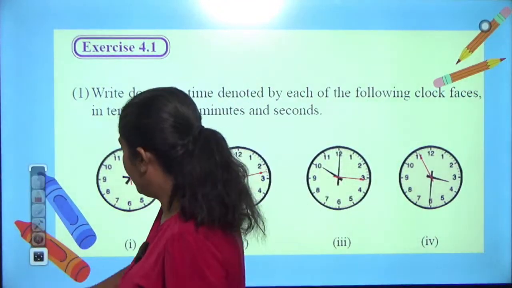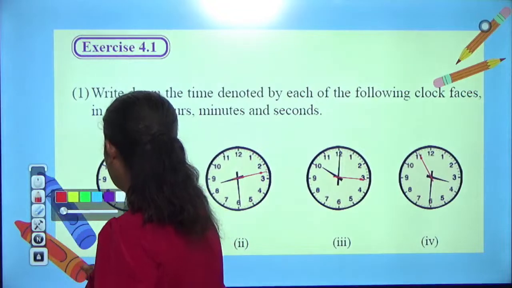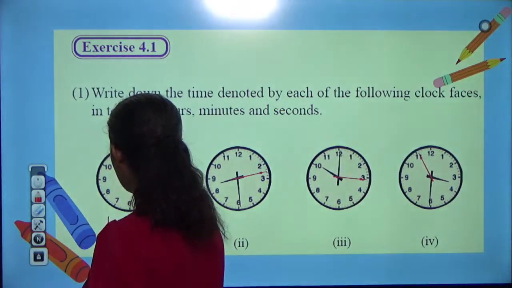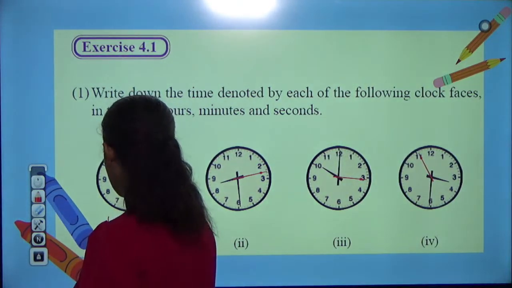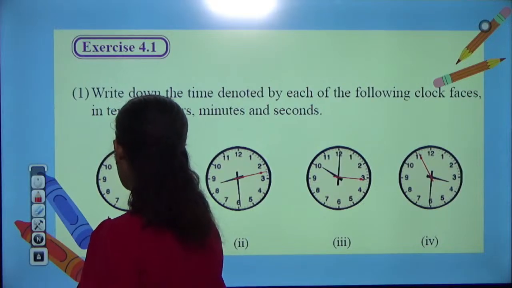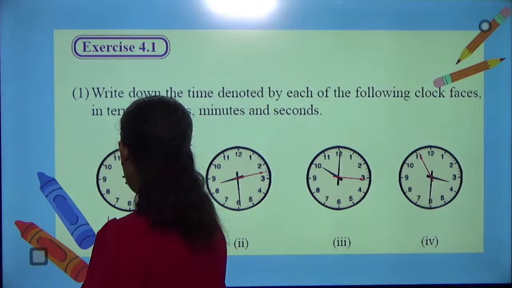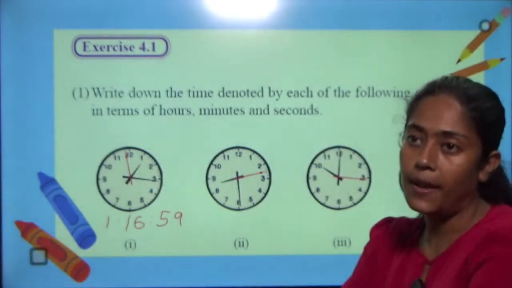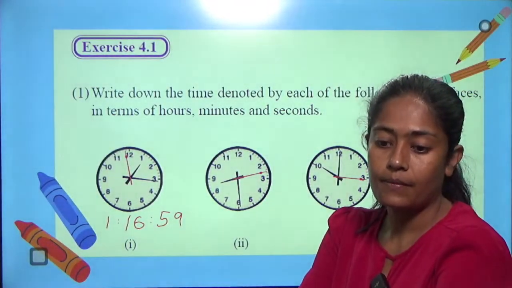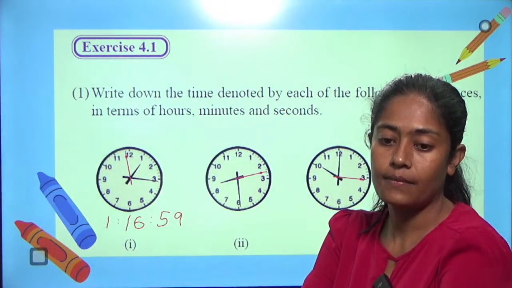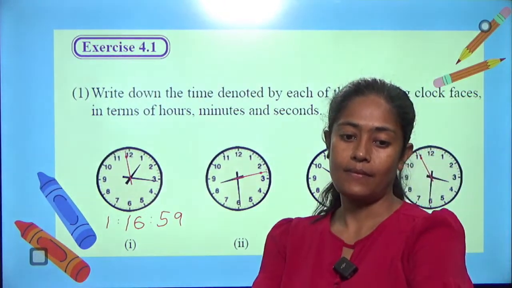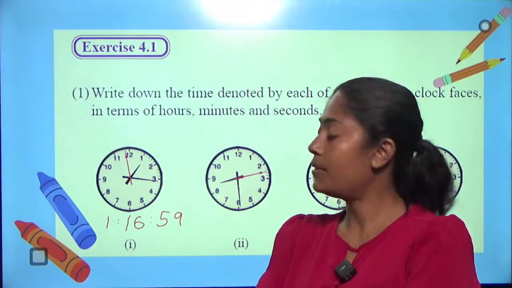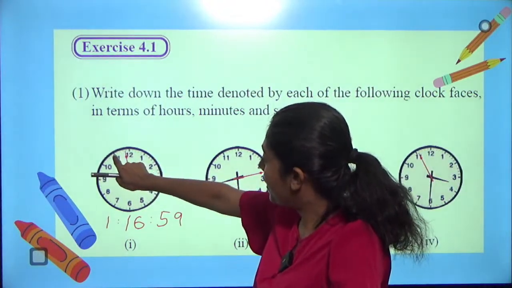Or you can write it like this: 1, double dot, then minutes 16, then seconds how much? 59 seconds. Like this. Okay. 16:55, 55 also we can't take, no? Because here the second hand passed this 11 also, no?